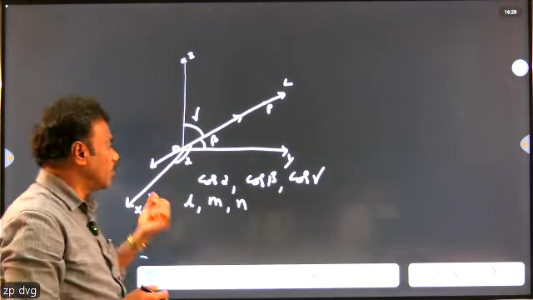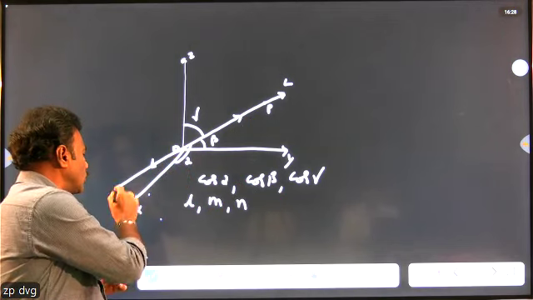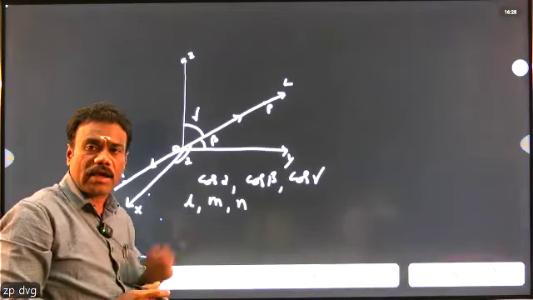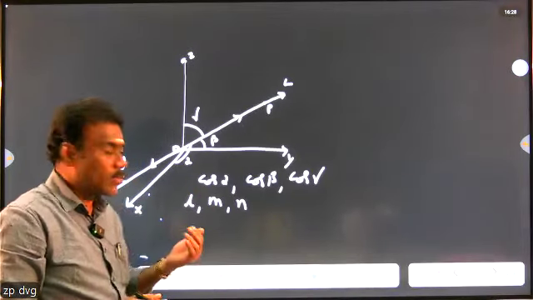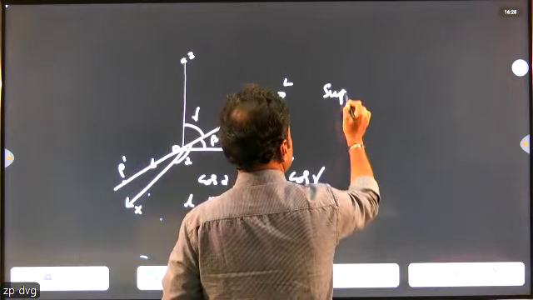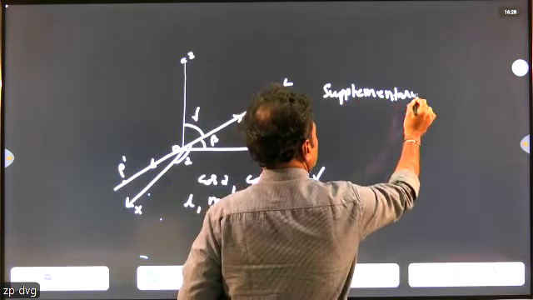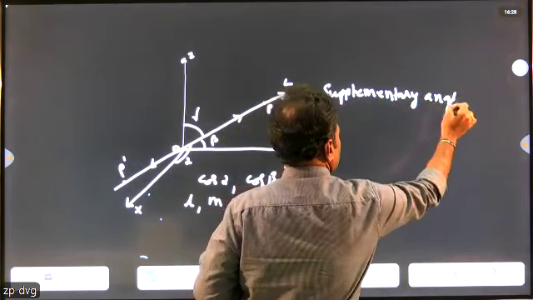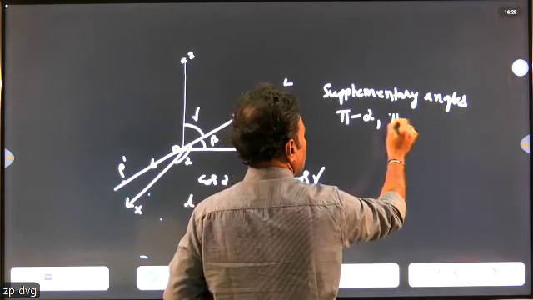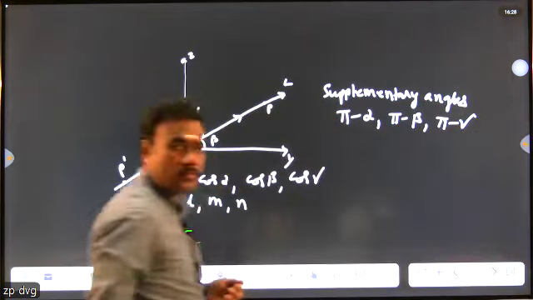That is, if you take the line from this side towards OP dash, then you will get the direction angles pi minus alpha, pi minus beta, and pi minus gamma.